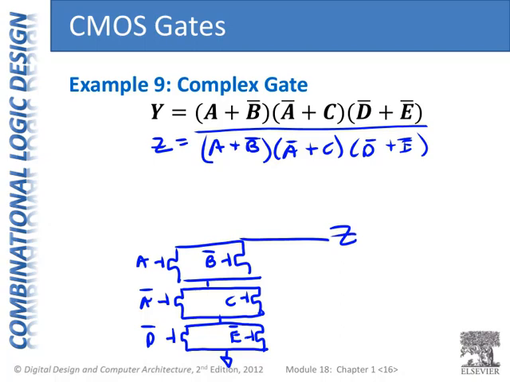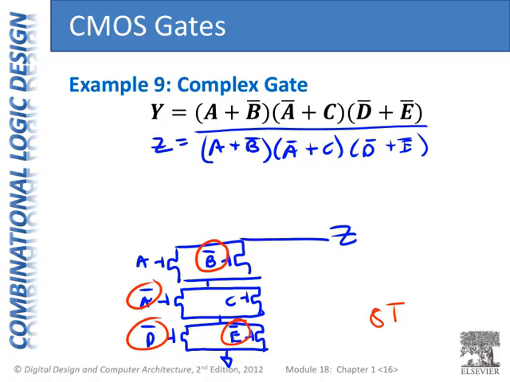But I'm not going to even bother doing the pull up network because I know that I'm going to need, well, 12 transistors to perform the function, and then 1, 2, 3, 4 inverters, or another 8 transistors, 4 times 2 transistors to invert inputs.